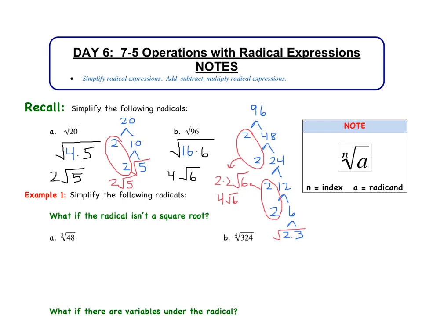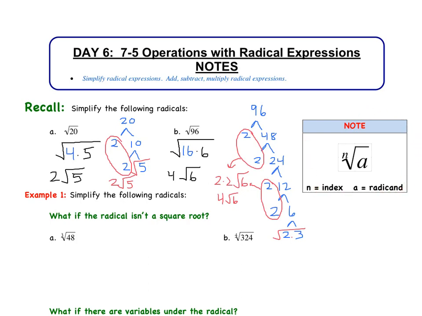But now we're going to get into some new notation. We're going to be dealing with different roots, not just square roots. We're going to look at cube roots and fourth roots, etc. So now we're going to look at this little side note to the right over here.